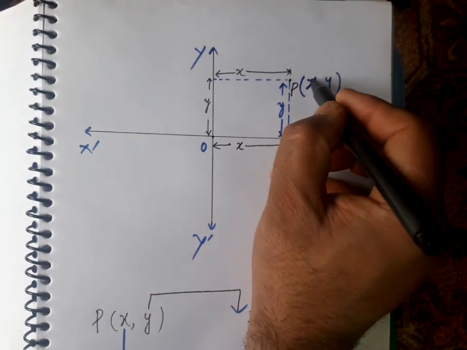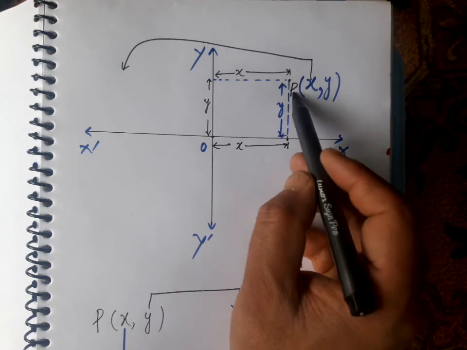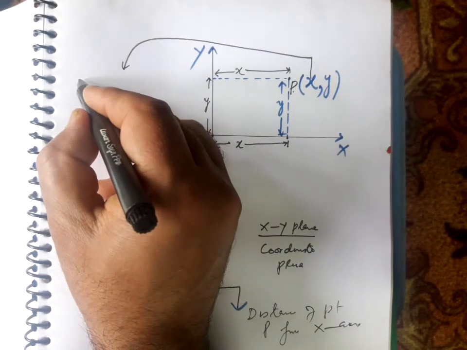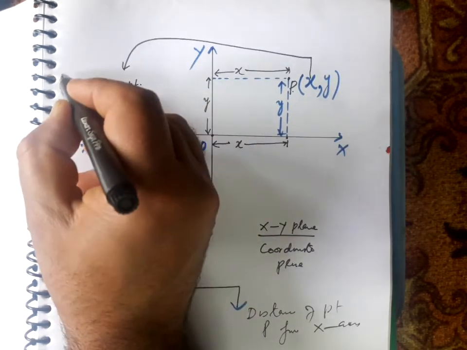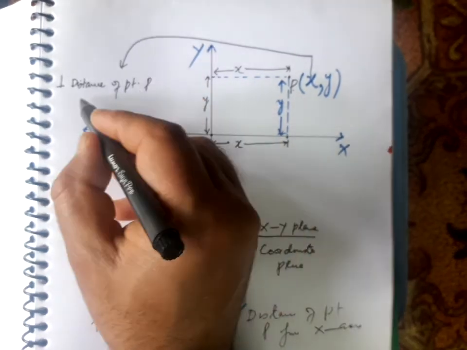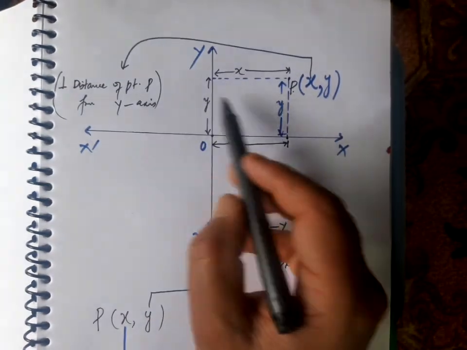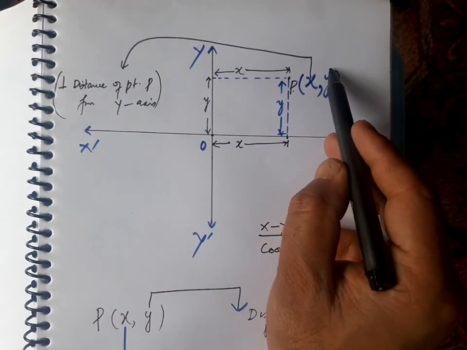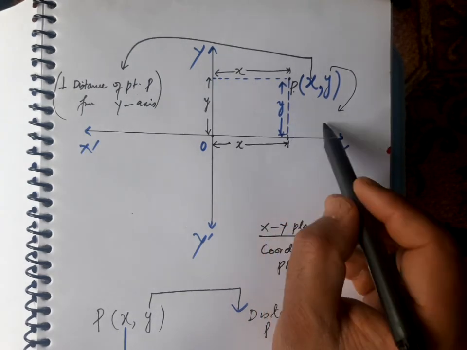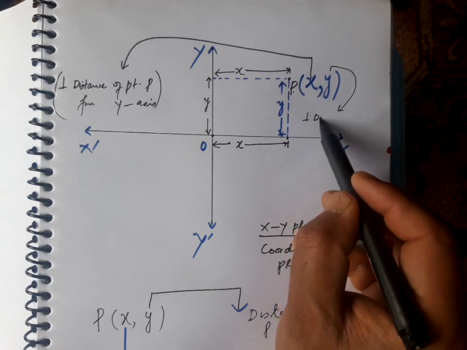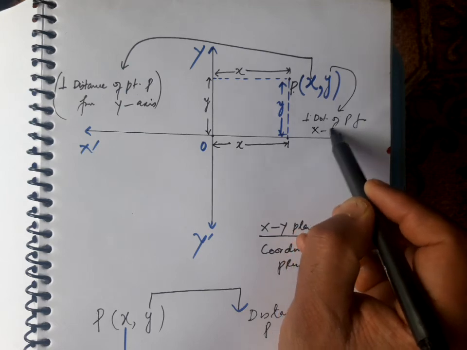One we call the x coordinate. The x coordinate is nothing but the perpendicular distance of the point P from the y-axis. And the y coordinate is the perpendicular distance of point P from the x-axis.